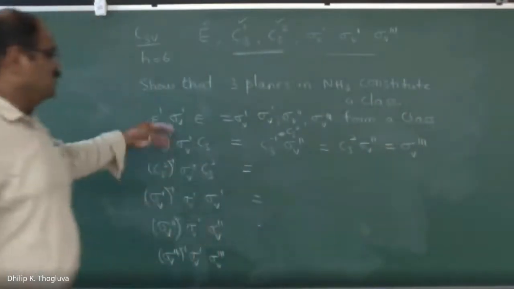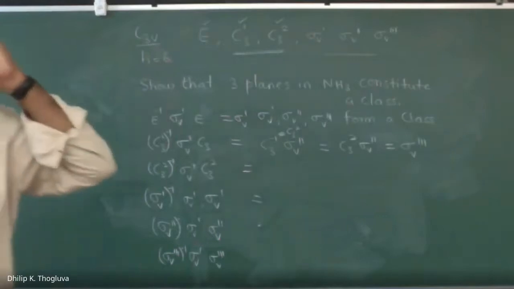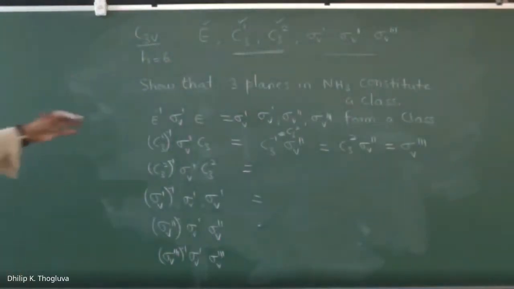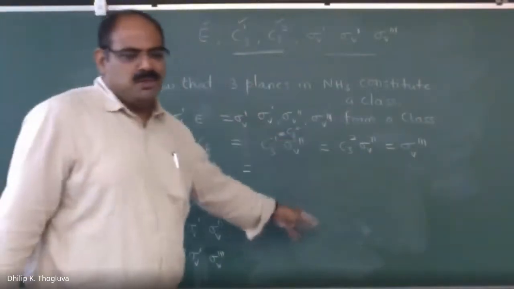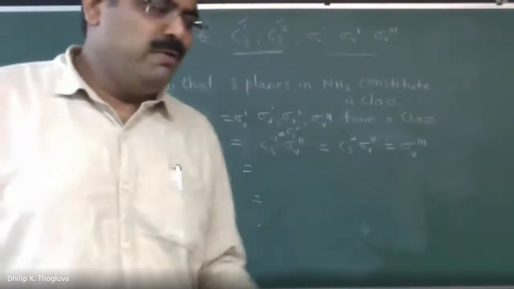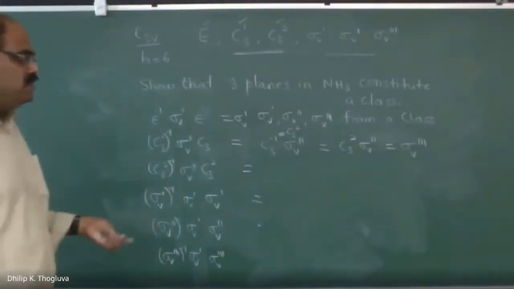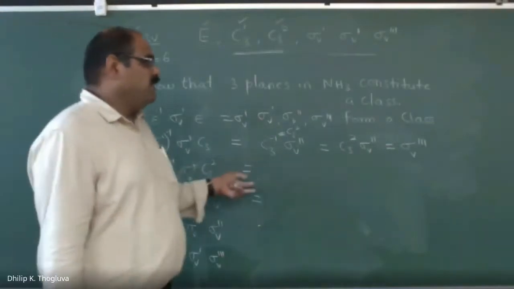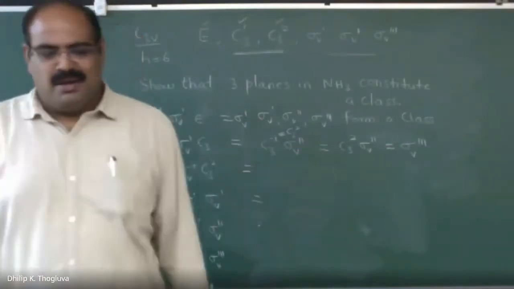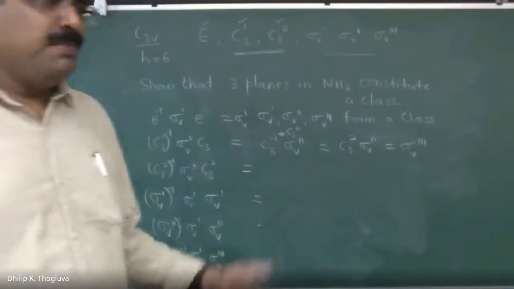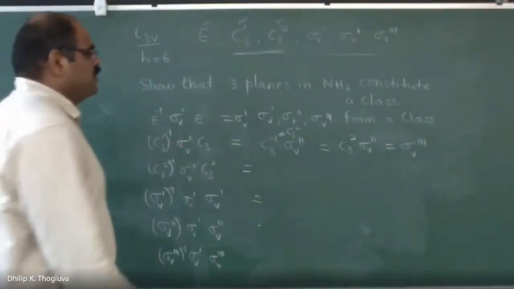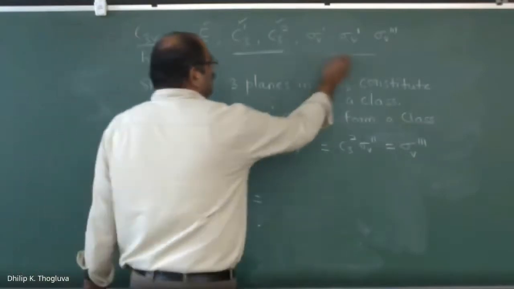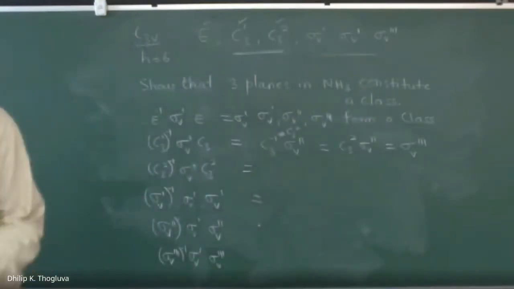Like you take three planes, sigma v prime, double prime, triple prime, and then for every element you perform a similar transformation and see what you are getting. So you never get E or you never get C3 or C3 twice. We won't get it. We always end up with sigma planes, either single prime, double prime, or triple prime. So if that happens, then we prove that all these three planes form a class.